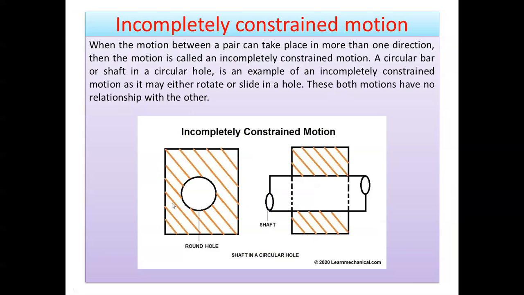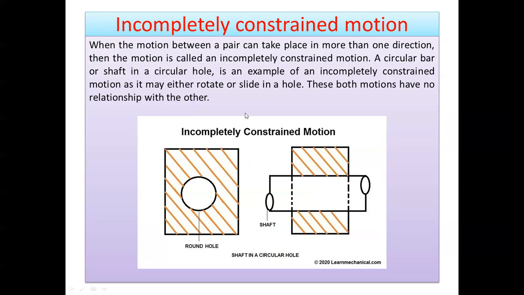Next is incompletely constrained motion. Now in this figure you can see a round hole and a shaft, having relative motion between each other. The shaft may rotate as well as reciprocate through the round hole, meaning more than one motion is there.